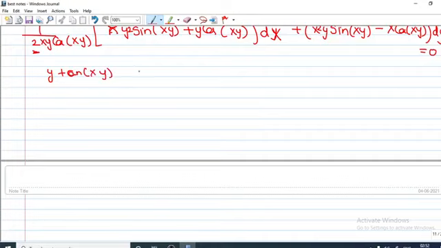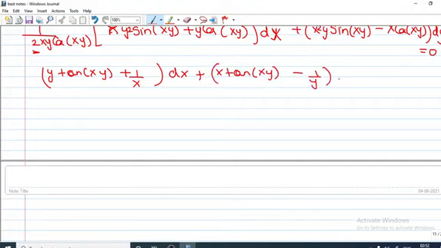And here y will cancel out, x will be there in the denominator and cos will cancel out. So 1 upon x, the whole dx, and here x will cancel out, but x tan xy will be there, and with minus 1 by y, this will be your dy equal to 0.